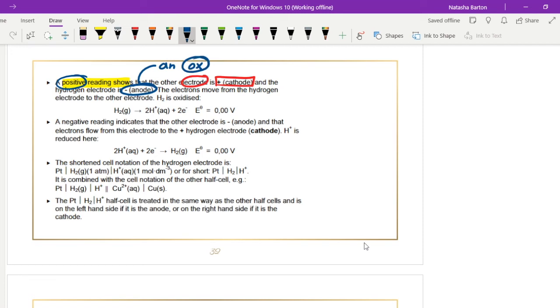That means that our hydrogen bubbles are going to form hydrogen ions and electrons. Hydrogen is oxidized. Notice we have 0 volts as the electrode cell on our hydrogen half cell.